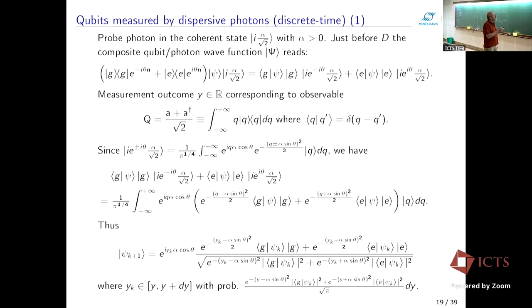And here you know that when you apply exponential of i theta n, where n is the photon number, to a coherent state, you turn the amplitude by an angle alpha of theta or minus theta. So here you obtain this.